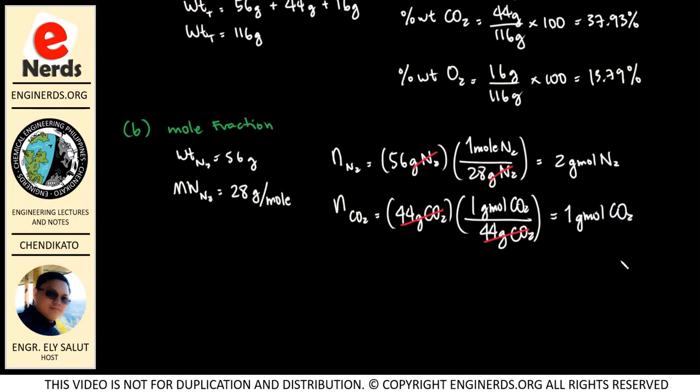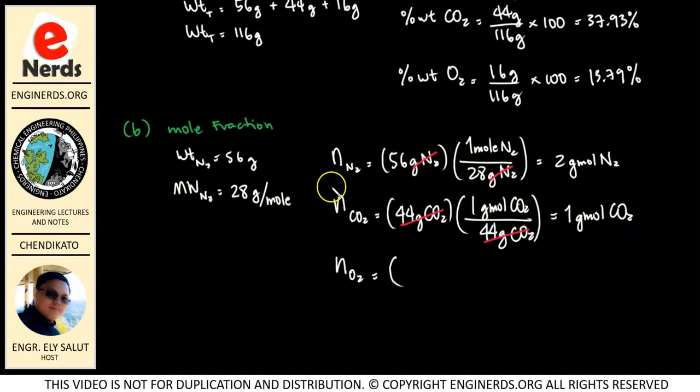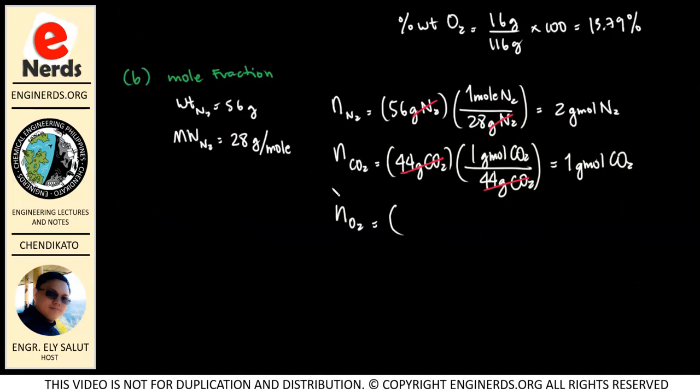Then, finally, kunin natin yung number of moles ng ating oxygen. So, ano yung weight ng ating oxygen? We have 16 grams of oxygen. Okay, so, let's have 16 here. So, 16 grams of O2. So, ano yung molecular weight ng O2? Oxygen is 16, but we have 2 atoms of oxygen. So, we have 32 grams of O2 per 1 gram mole of O2.